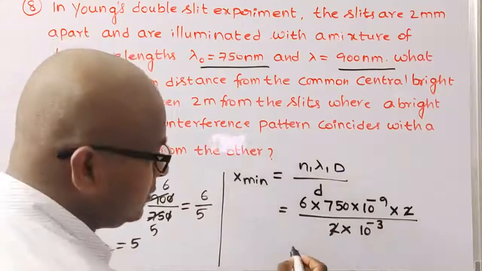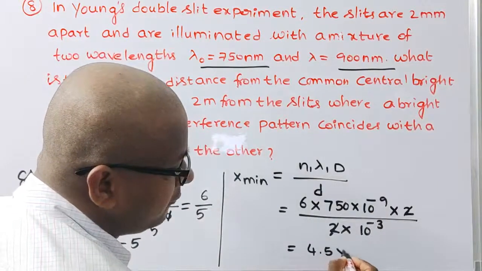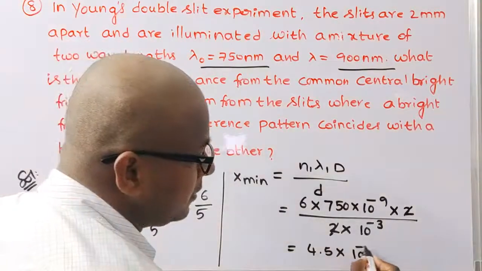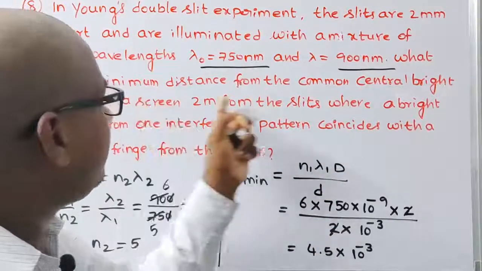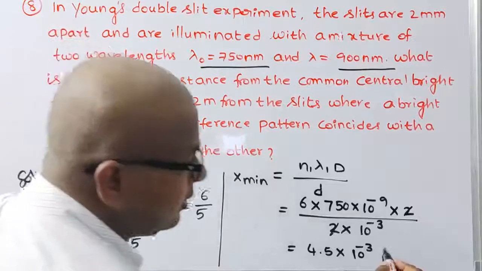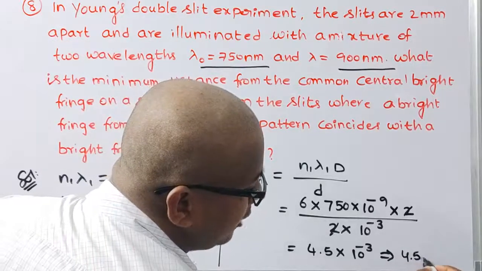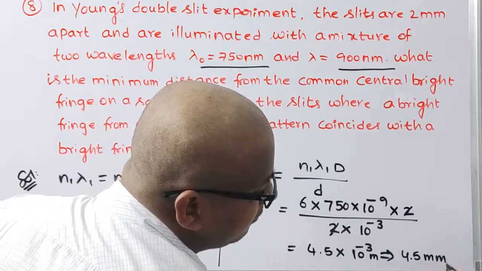Then that value is 4.5 into 10 power minus 3 meter, which is nothing but millimeter.